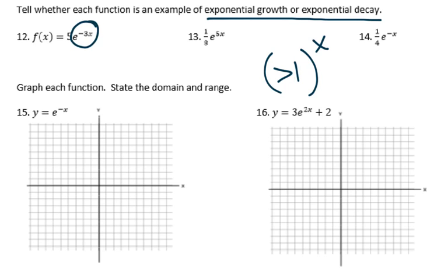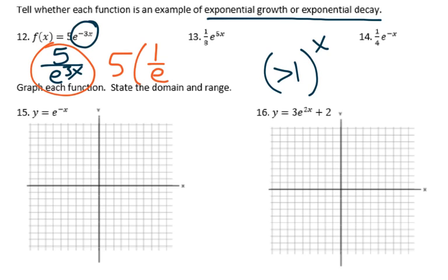Okay, so this one with that negative would be like 5 over e to the 3x. So that would be a fraction. So being that the e's on the bottom, that would be like 5 times 1 over e to the 3x, so that would be decay.